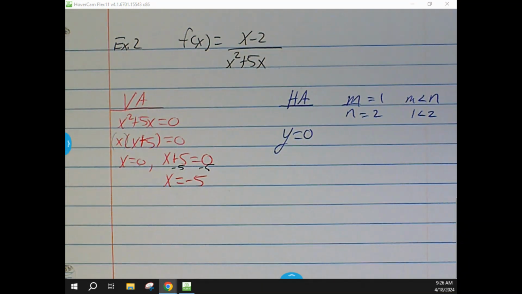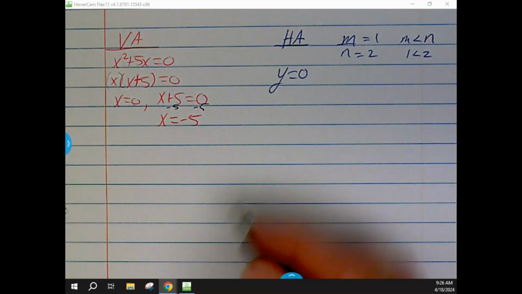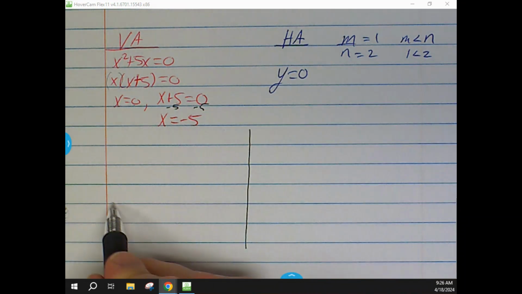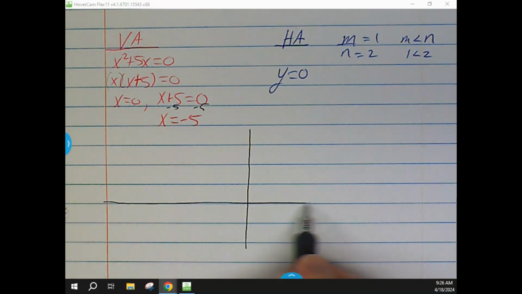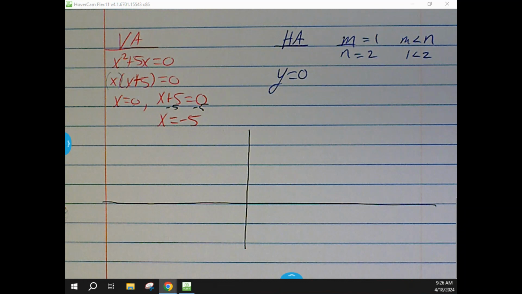Okay, so drawing the asymptotes. This is the part that's kind of easy, just drawing the asymptotes. We've got this line, and that, so there's our XY axis. And if we go with the asymptotes, I'm going to put those in orange just so they stand out.